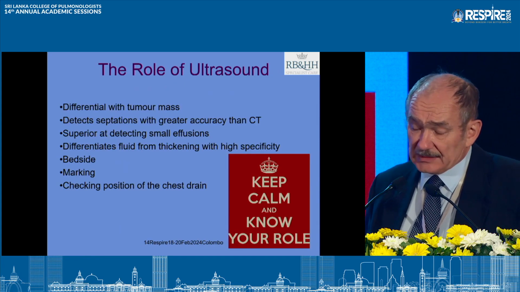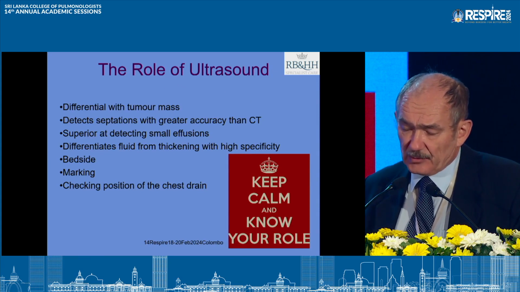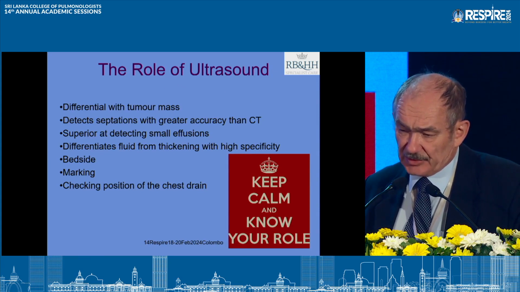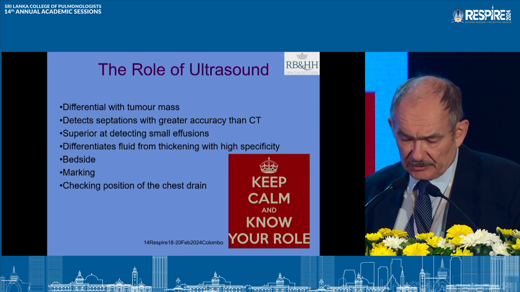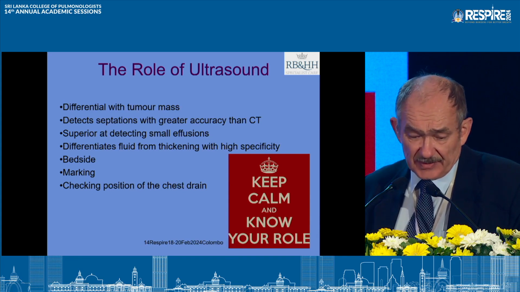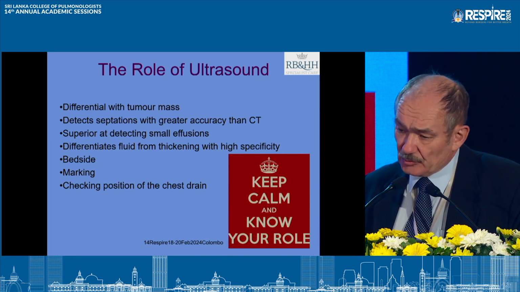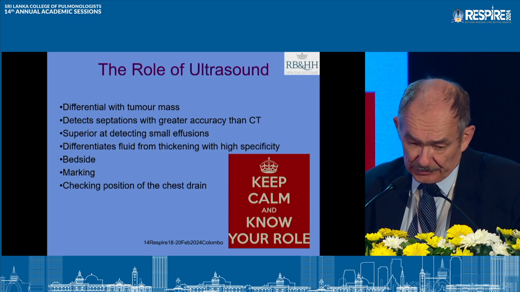The role of ultrasound is critical, usually for doing a procedure, putting in a drain to drain the fluid from the chest. As an individual diagnostic procedure, it has very little value, but it's very valuable as a tool for management of the effusion.